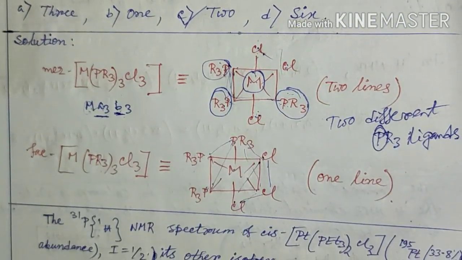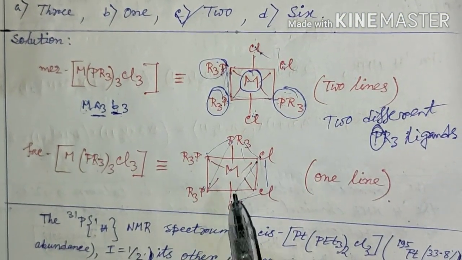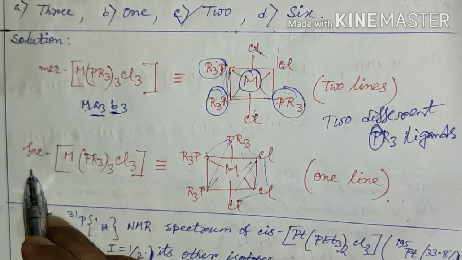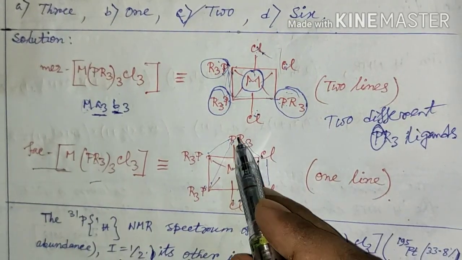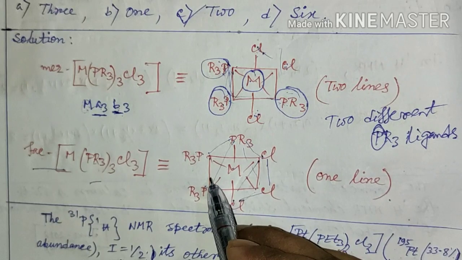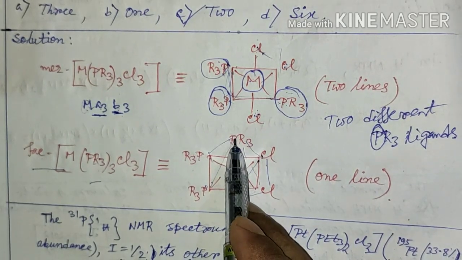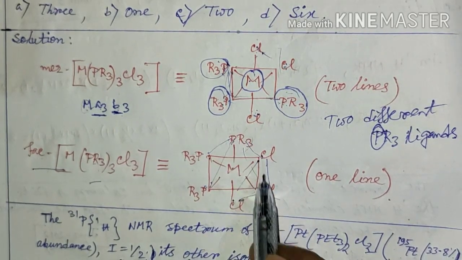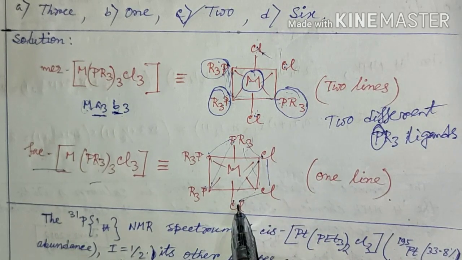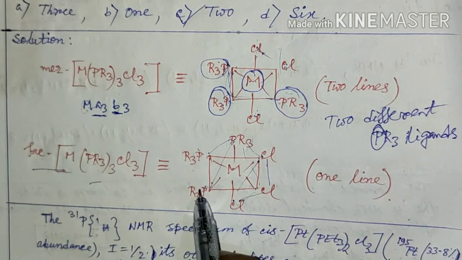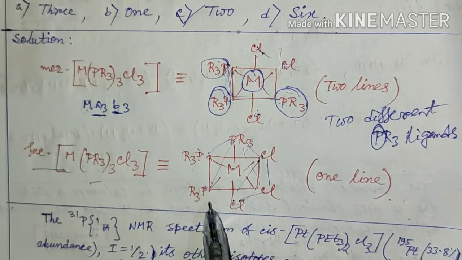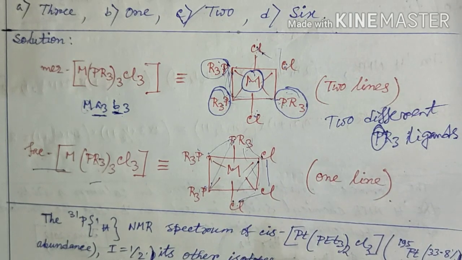Now just for query, if the facial complex is given, then these 3 PR3 ligands are similar, since for this PR3 ligand two chlorine ligands are cis, one is trans. Similarly for these two ligands also two chlorine ligands are cis.